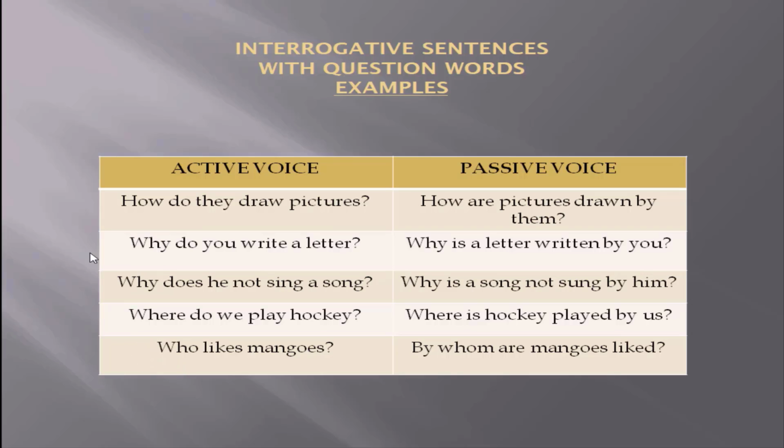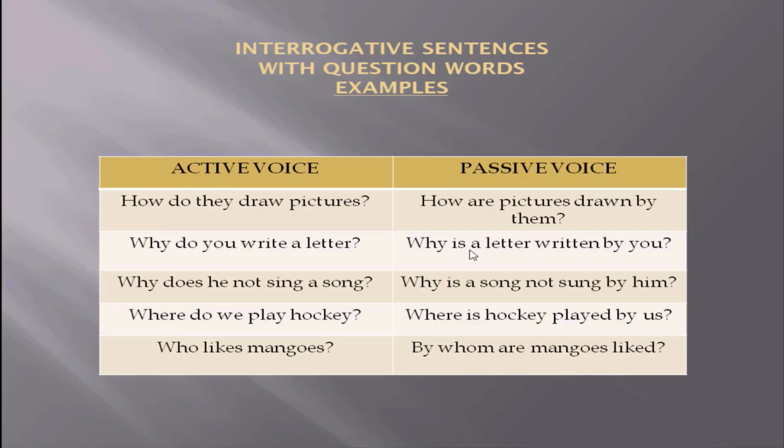According to formation, the passive voice of sentence number 1 will be how plus are plus pictures plus drawn plus by plus them. How are pictures drawn by them? Sentence number 2 will be why plus is plus a letter plus written plus by plus you.